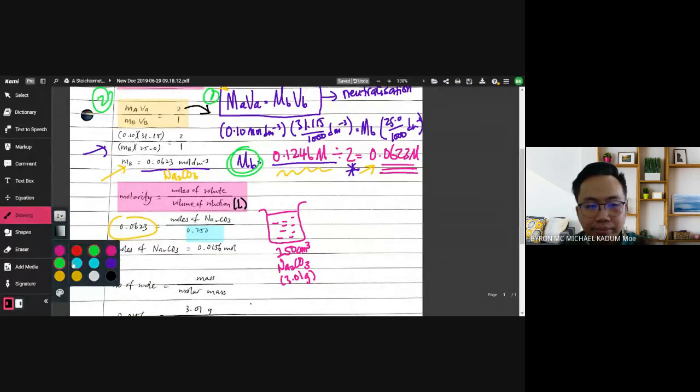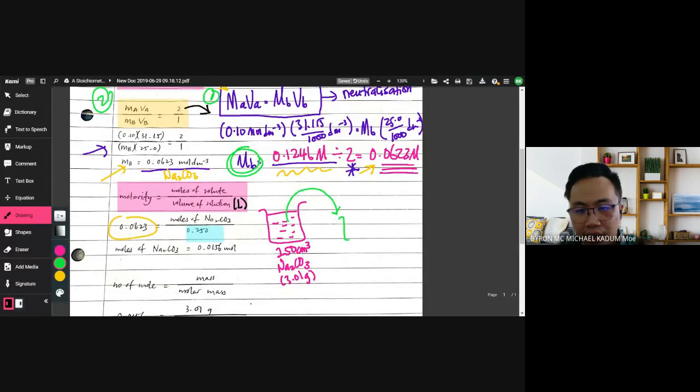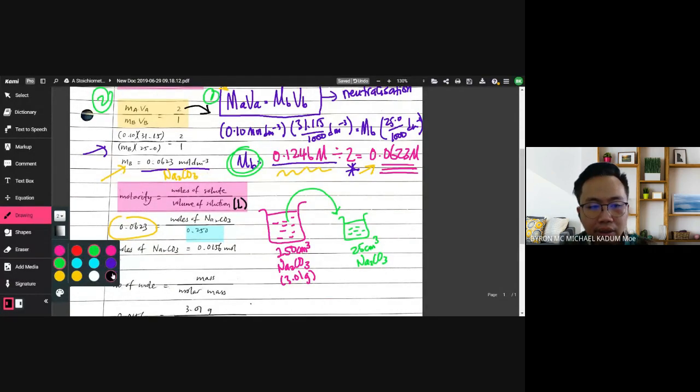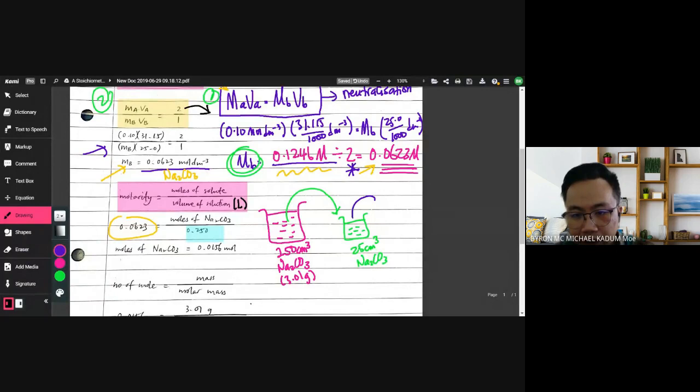And then dari sini pula kita keluarkan pula sedikit, dan sini kita dapat 25 kan. Ini ada 25 cm cubic of Na2CO3. Lepas tu ini pula apa yang kita buat tadi? Kita neutralizekan pula dengan acid.